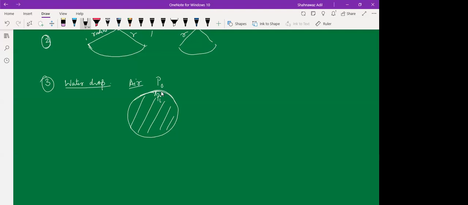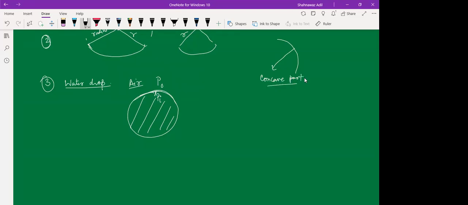Which pressure would be greater, Pi or Po? We did this in the previous class: this part is called the concave part.